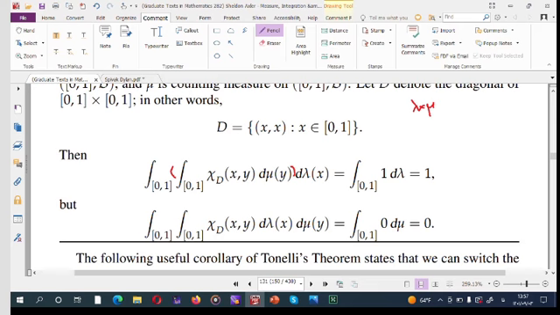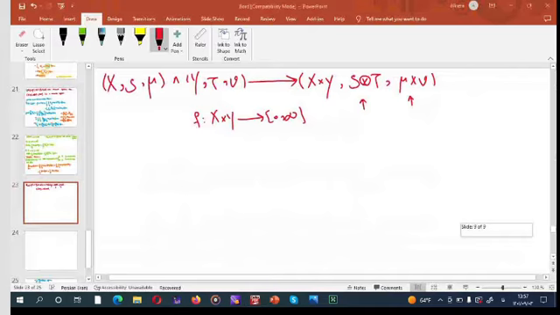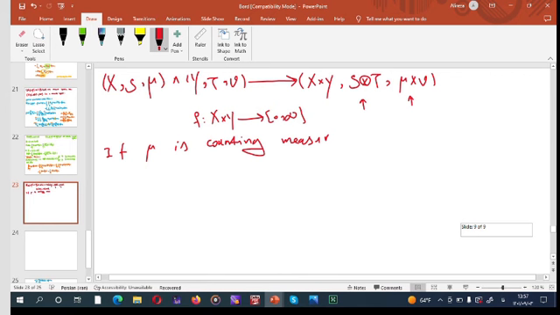And then you must compute this integral. Please note that this is equal to 1 if mu is counting measure. Let me write in another color, such as this.